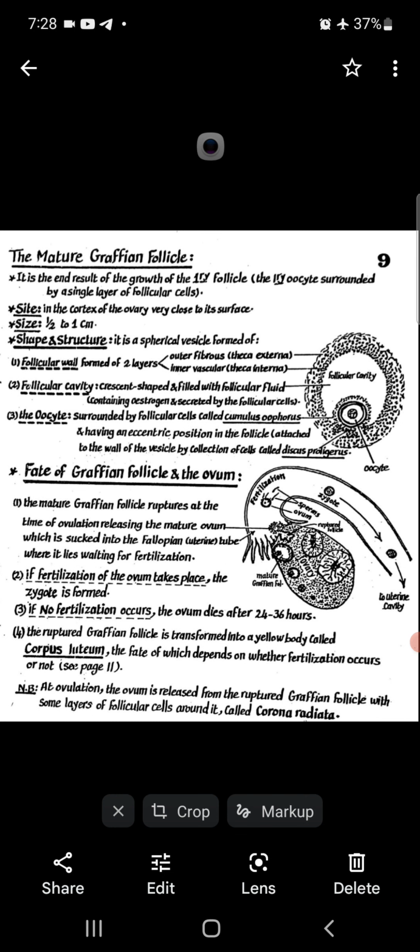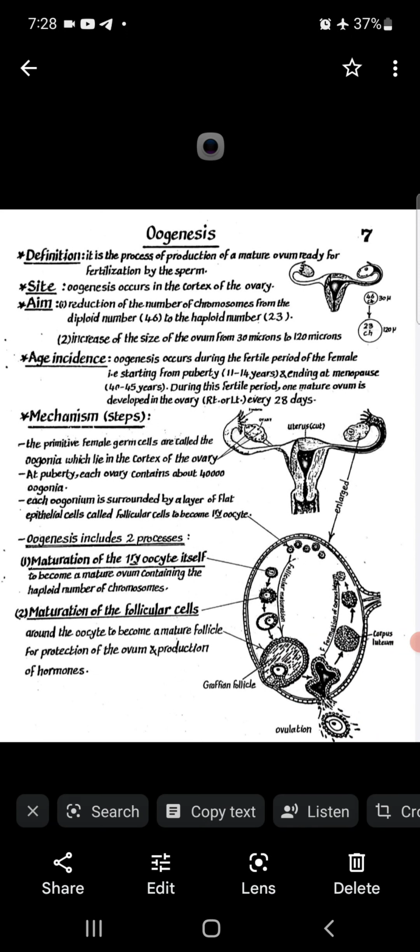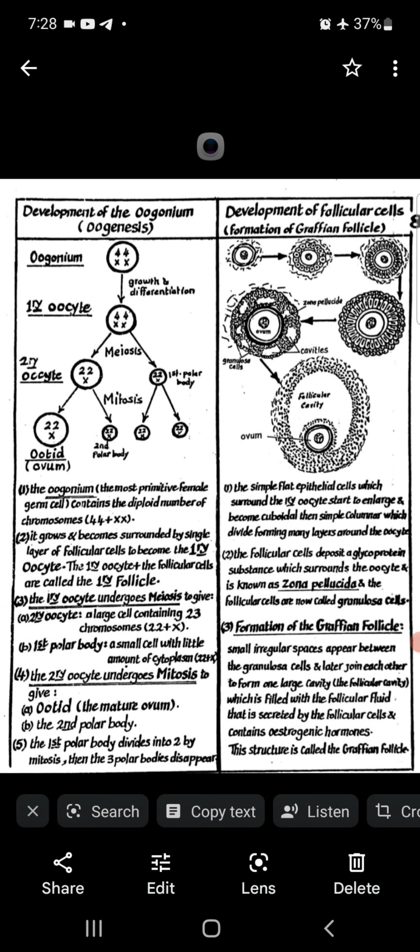Now, in this whole topic, the important points are the site of oogenesis. Next is the incidence like puberty age and menopause, and in mechanism there is the primary follicle, Graafian follicle, zona pellucida. These are the important points. Granulosa cell, first polar body, second polar body, and Graafian follicle.